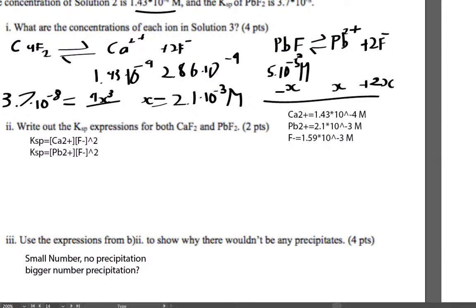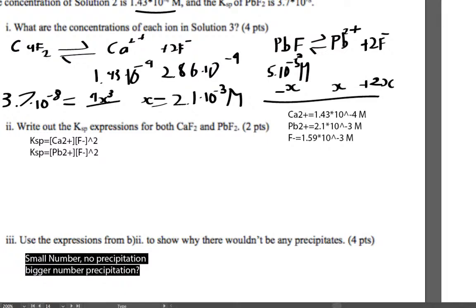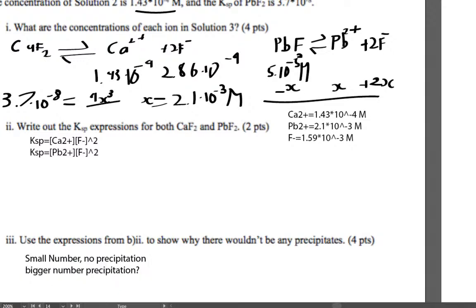So basically, why is there no precipitation? It is because the Ksp is lower than the ion product. When I just write it down as 2.1 times 10 to the power of negative 3, that doesn't make sense.